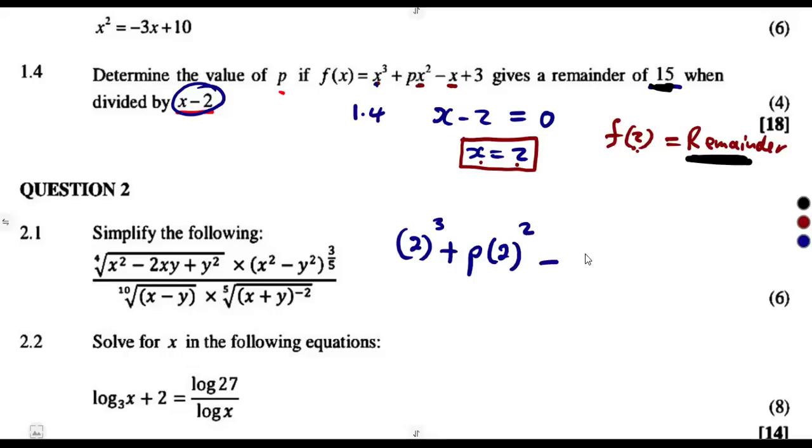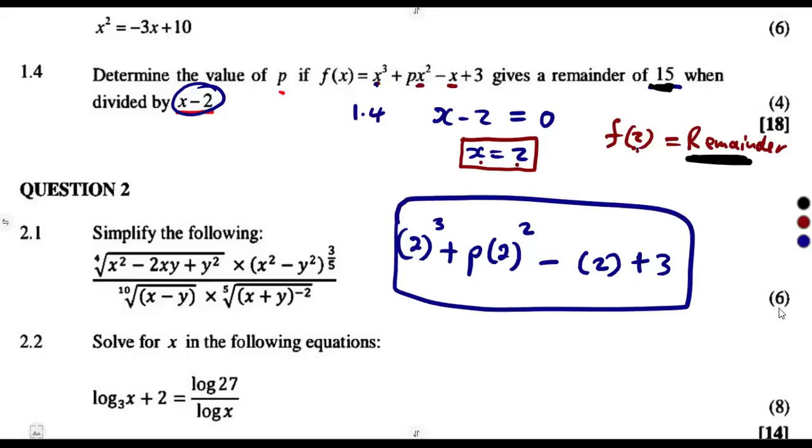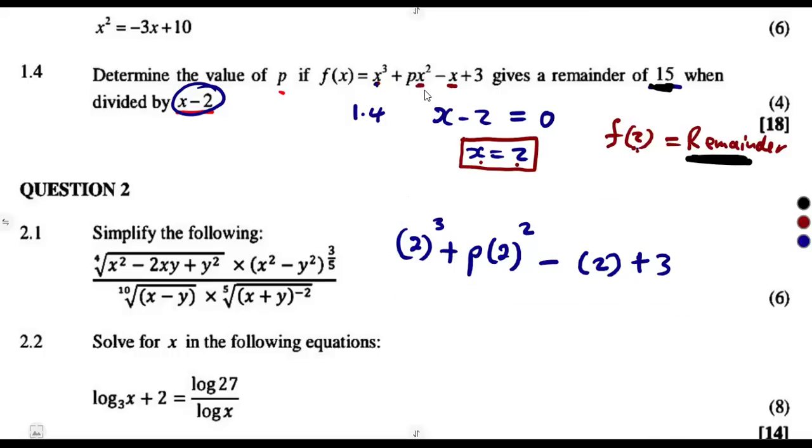Minus x, our x is 2, remember? Plus 3. So this is f of 2. Wherever x is, put 2. If it was f of 1, you put 1.